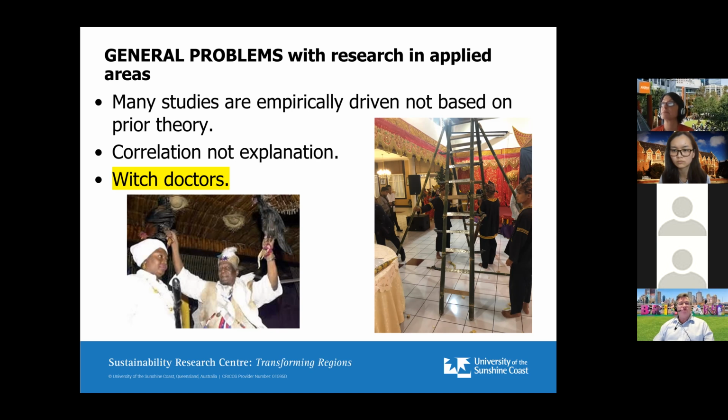But if you're driving things based on just the study of something, you're always liable to the problems of your data being incorrect. So to me, without a theory, you're like a witch doctor. You say, oh, I have got some findings, believe me, because it's true.